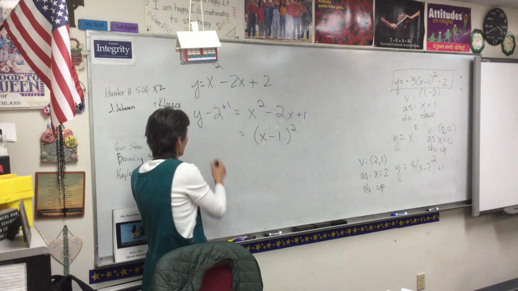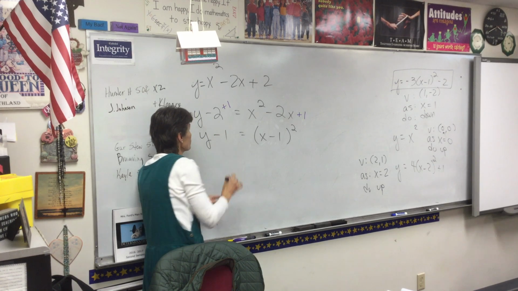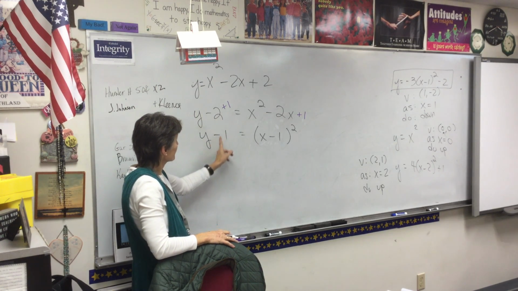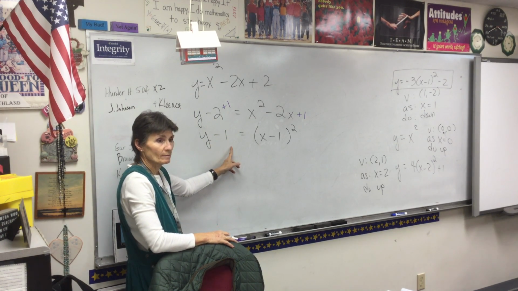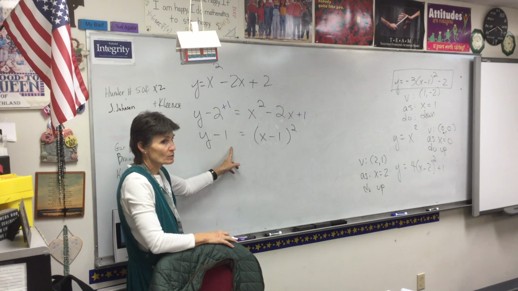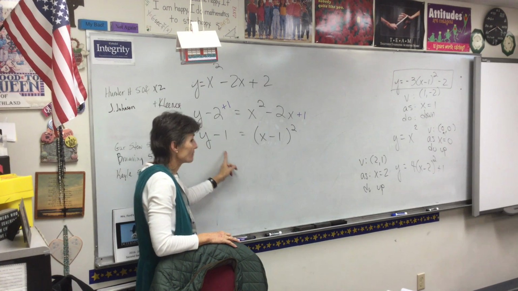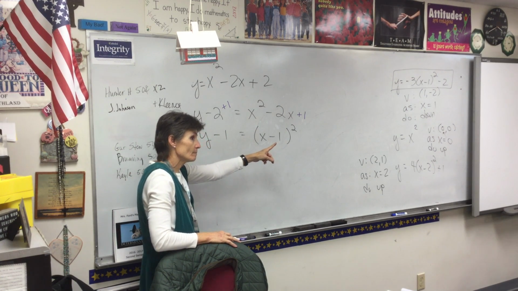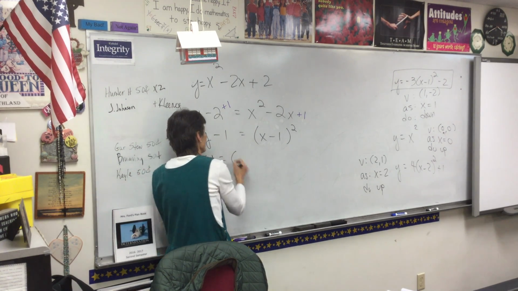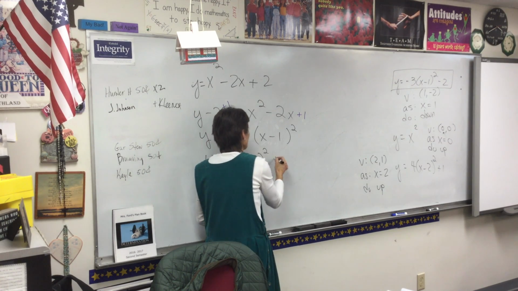But over on this side, I have y minus 1, because when I add those together, I have y minus 1. Now I'm almost done. To make that equation look like that one, I just have to move my 1 back over. So y equals x minus 1 squared plus 1.